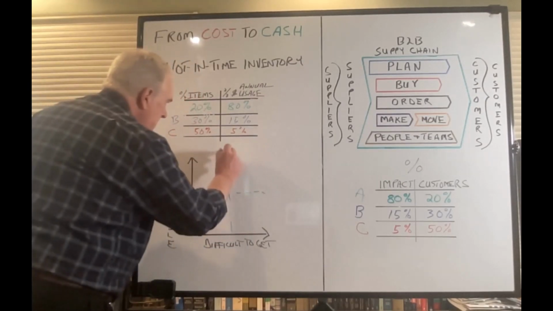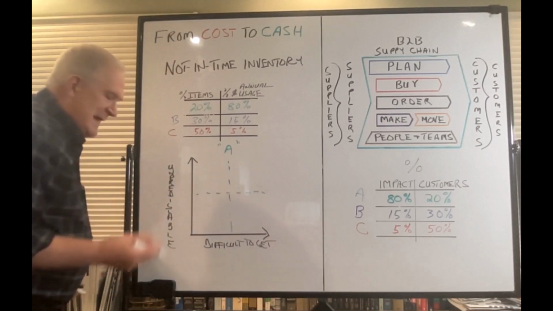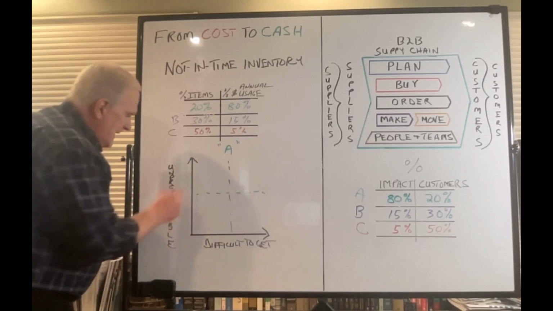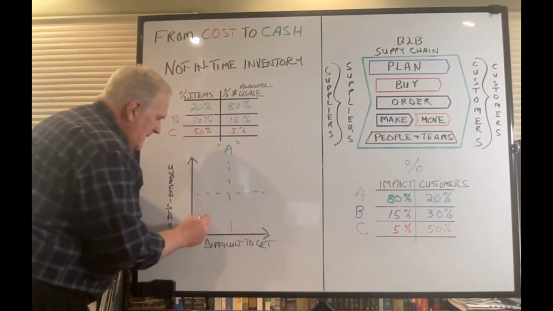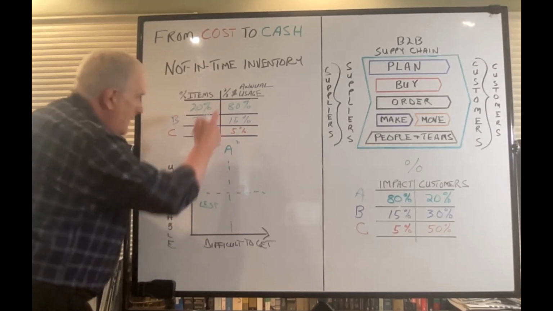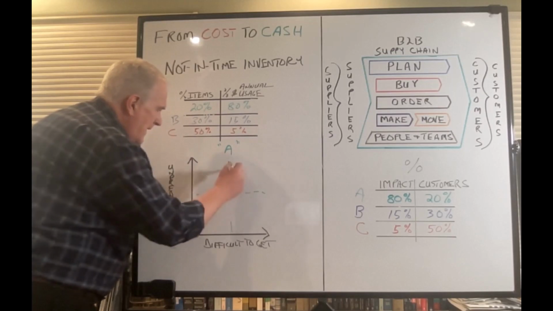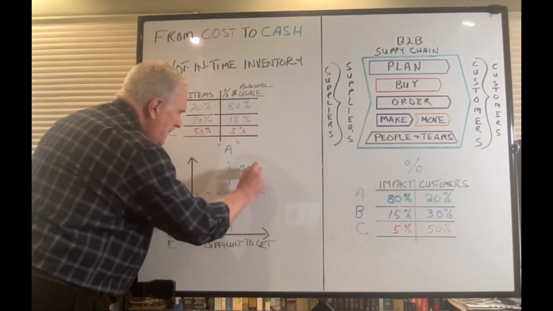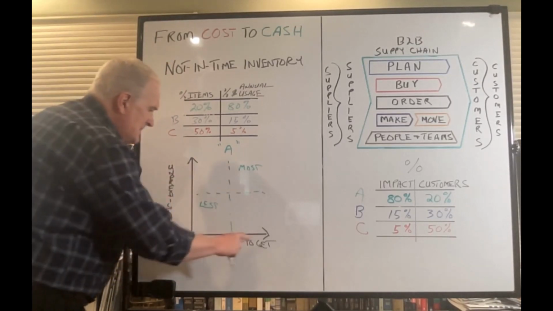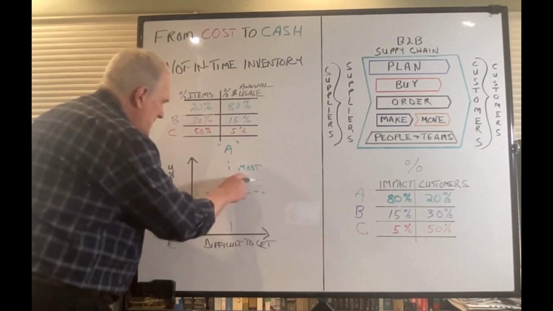So for A items, we want to be really careful about how predictable, how forecastable, how easy to see the demand is going to be. If it's pretty easy down here, then again, we have less, but we want to have some because they are a key part of our business. Again, we're going to have the most inventory up here where we have unpredictable demand. It's hard to get, long lead times, uncertainty of supply. Let's make sure we're covered.